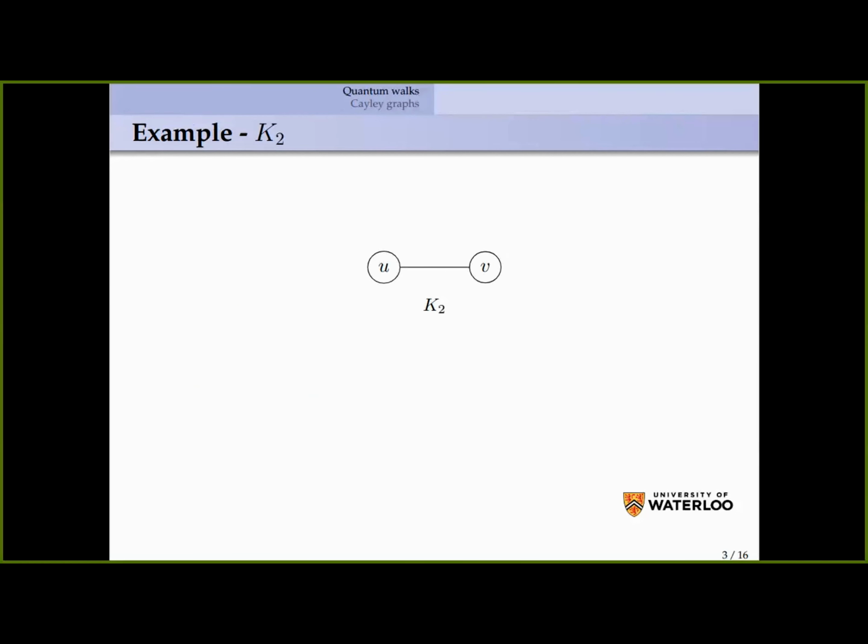So let's just start with a quick example. This is a graph. It's a complete graph on two vertices. Sometimes we call it K2, and it has two vertices, U and V, and they are adjacent. There's an edge between them, and I'm going to use this example to define the adjacency matrix of a graph. The adjacency matrix of this graph is this matrix here, 0, 1, 1, 0.